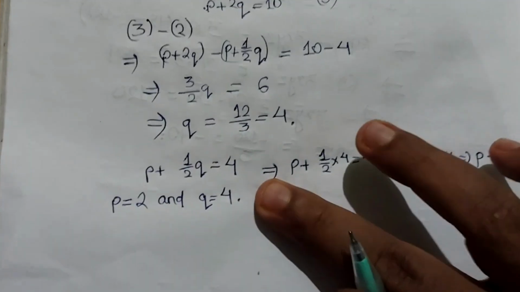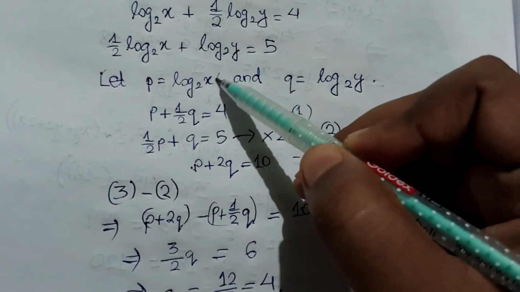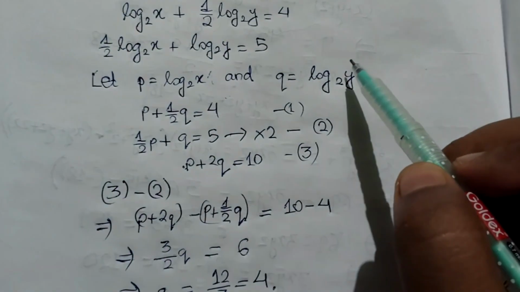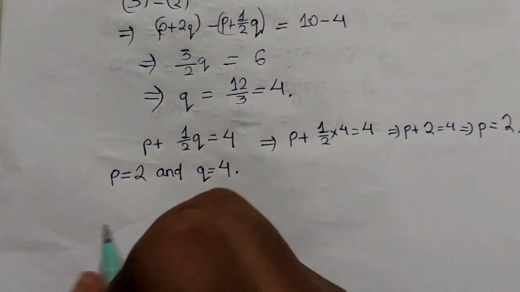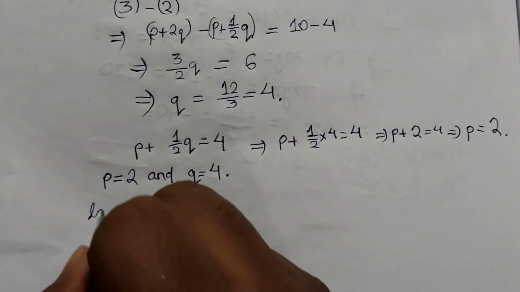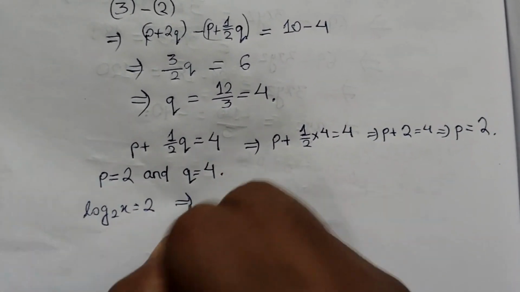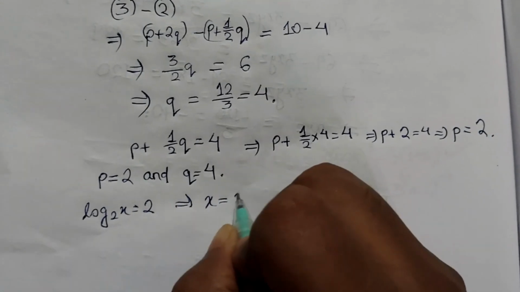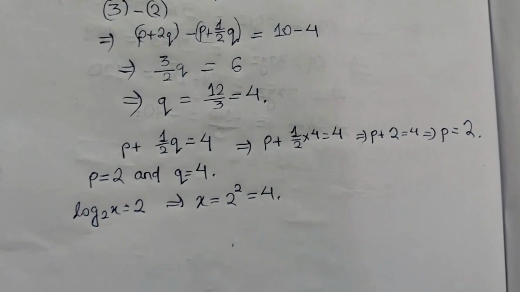So now we plug this back in the original equation. Here we have taken p equals log base 2 x and q equals log base 2 y. So now log base 2 x equals 2, so x becomes 2 square, which is 4.